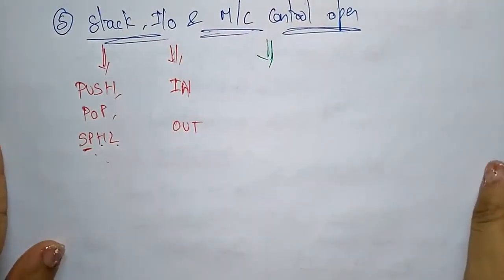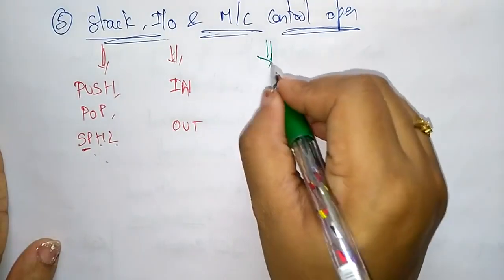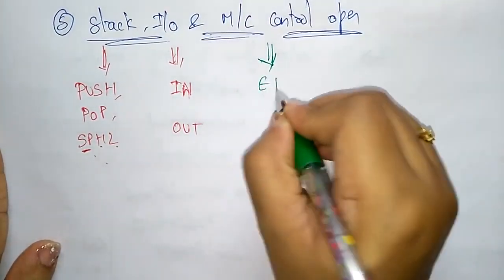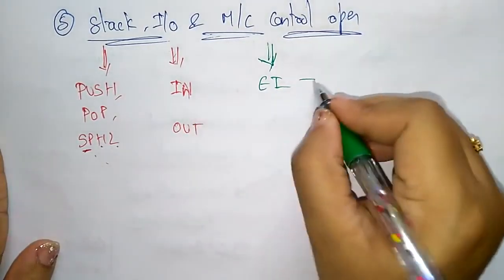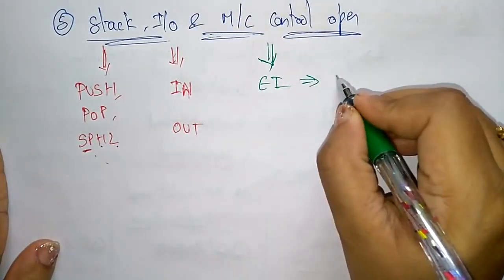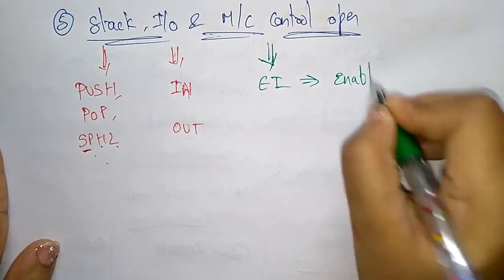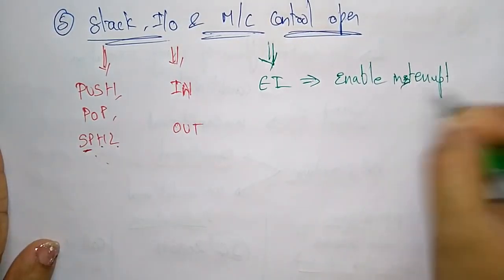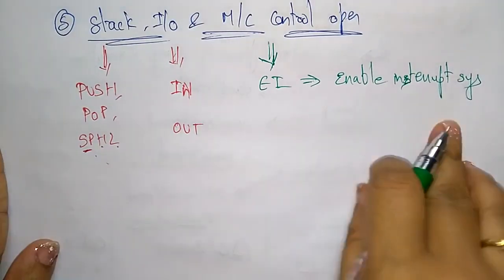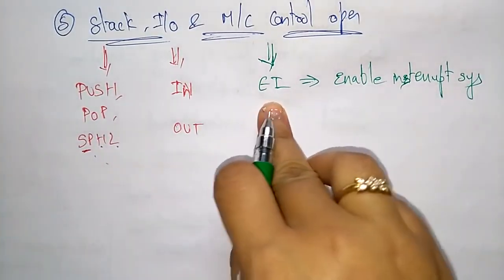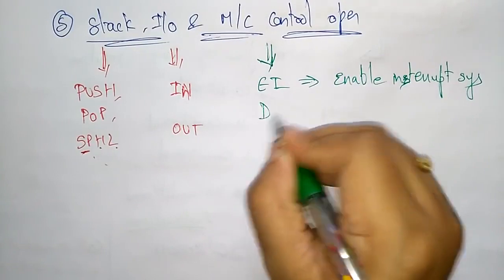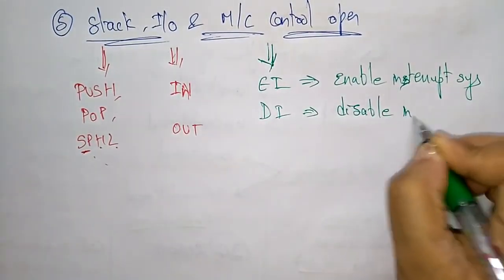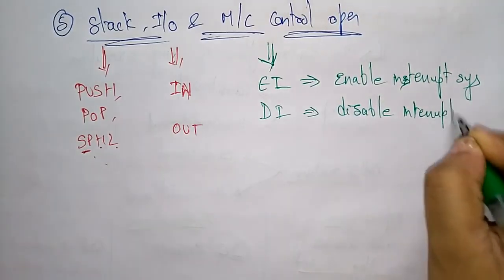Coming to machine control instructions, these instructions are used to control the machine. EI means enable interrupt system; it controls the machine by saying interrupt is enabled. DI means disable interrupt system.